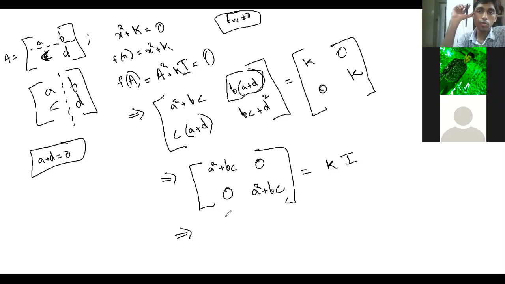Actually, if you take determinant on both sides, what will you get? You'll get determinant of a square is equal to k square. Isn't this true?